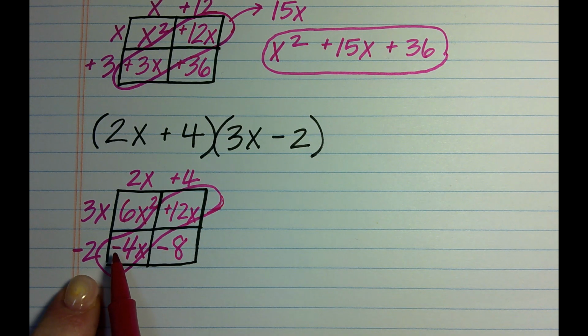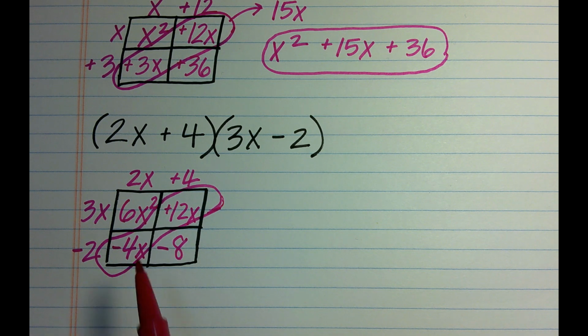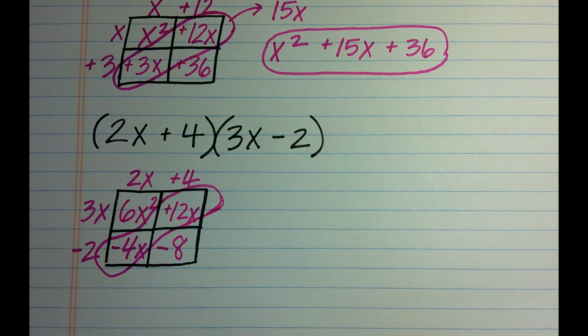So it's okay if they have a different sign. Like I have a plus 12x minus 4x, that's okay. The only thing that we can't combine is when they have a different exponent or a different variable. So since they're both x's and they both don't have an exponent, we can combine them.